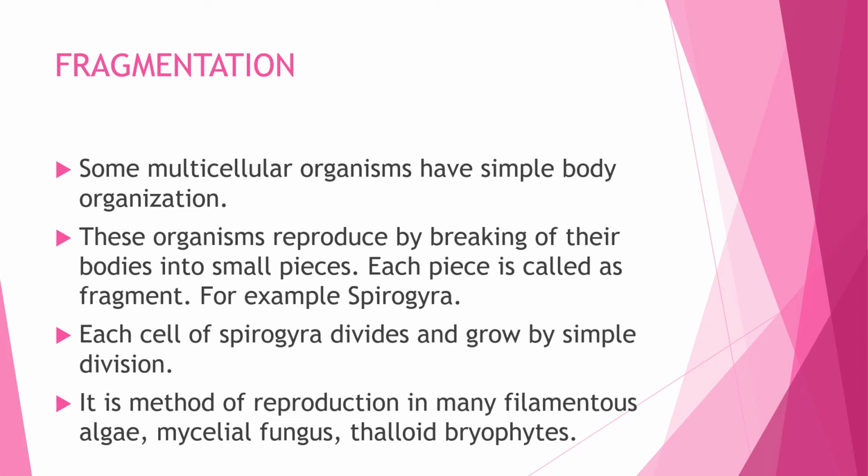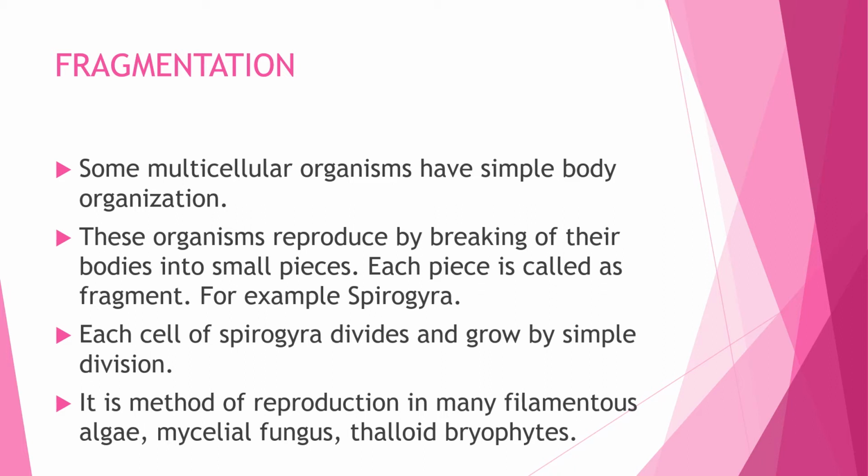We will see this in the diagram as well in the next slide. We can consider each fragment as a cell. Each cell of the Spirogyra divides and grows by simple division. If a fragment or segment gets separated from the main filament, it is able to form a complete filament by dividing and growing.